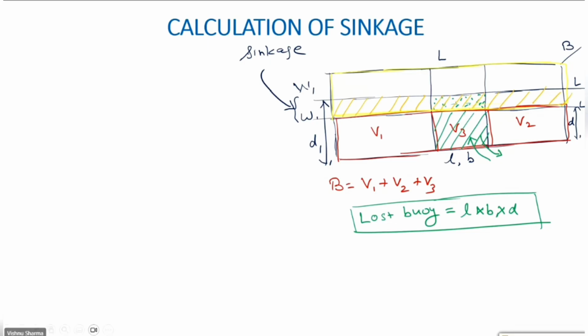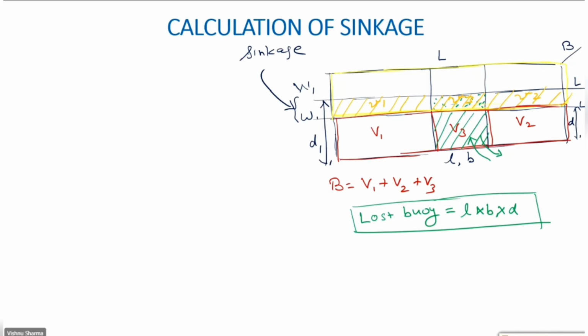These 3 volumes have gone under the water. At WL, they were above the water line. At W1L1, they are below the water line. Do you agree with me, beta? Yes, sir. Yes or no? Correct? Let us say I represent them by small v1, small v2, and small v3.